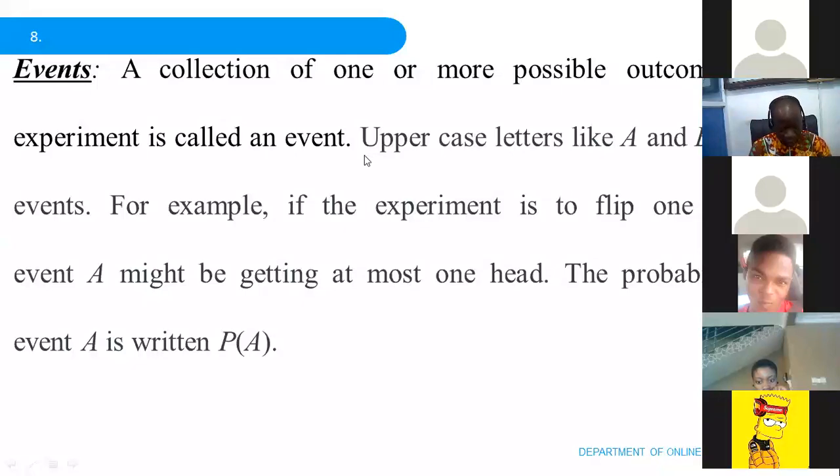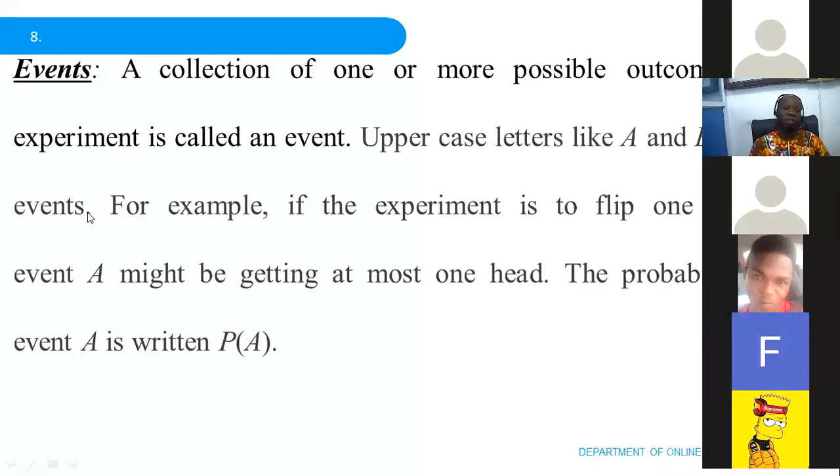So if I want to write the possible outcomes in an experiment, the possible result gives me the event. Uppercase letters like A and B represent events. We can use that to represent our events.